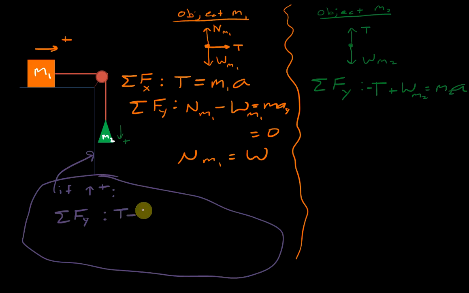Tension minus W_M2 equals M A. And if you wrote this, you would have a problem. Because, yeah, you're following convention. You're saying up is positive here and weight is down. But this green triangle is not going to accelerate in the positive. It's going to accelerate in the negative. You would have to artificially put in a minus A.